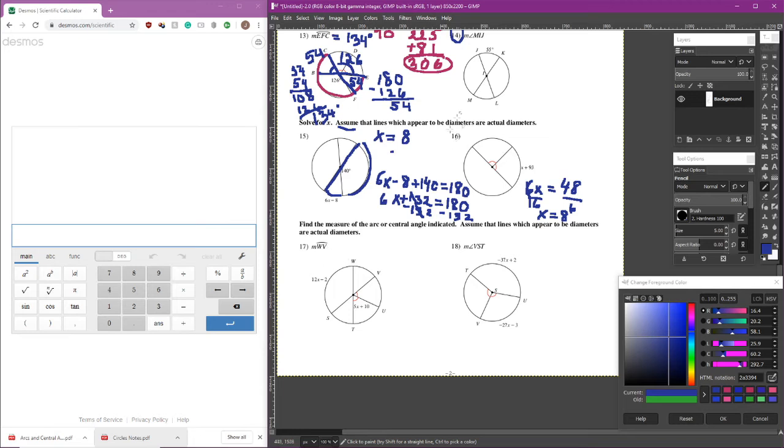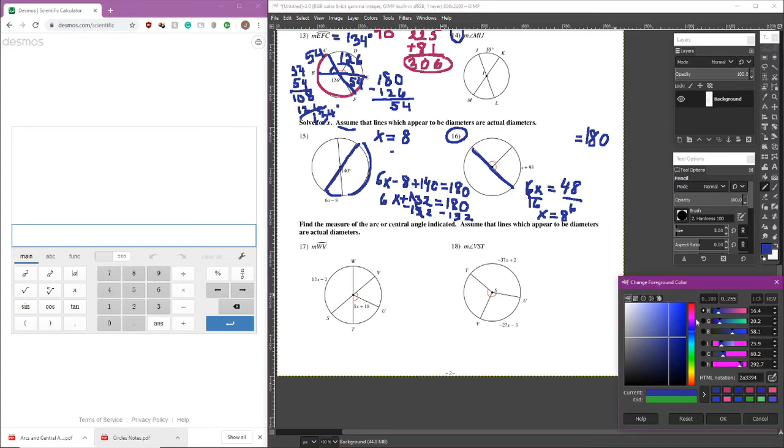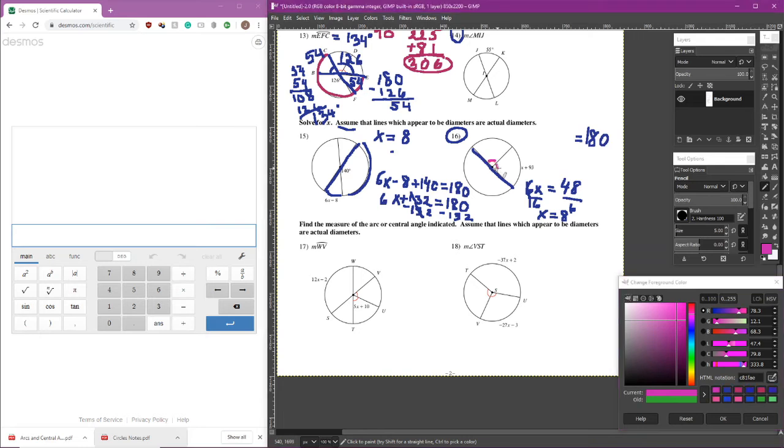All right, I'm going to let you solve number 16, but I'm going to help you out a little bit. Remember that here is a diameter, so we know that it's 180 degrees. We also have some information right here telling us that this angle is exactly the same as this angle here.